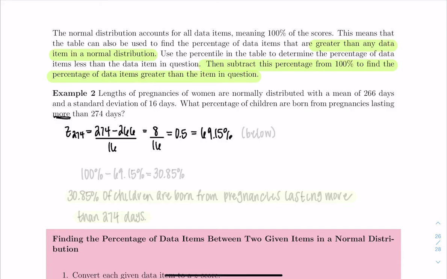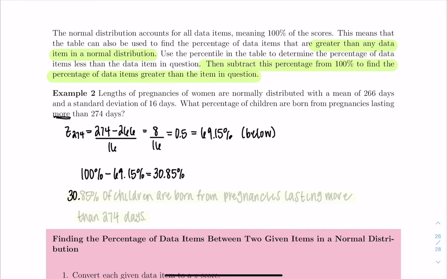And if I go to the table, that corresponds to 69.15%. And this is below. But we don't want below, we want above. So we need to subtract 69.15 from 100. And that gives me 30.85%.